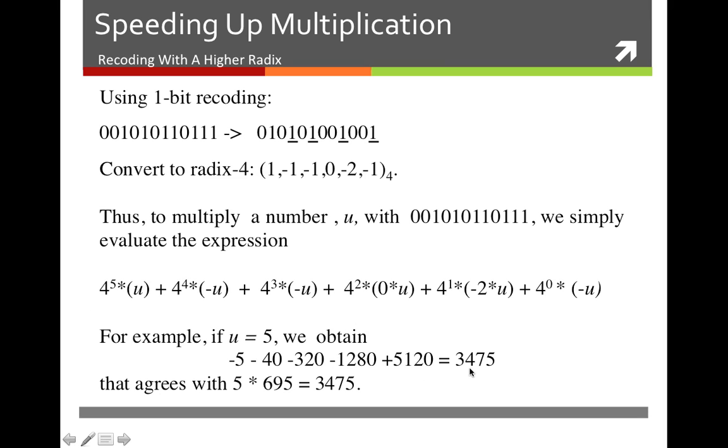So that gives you 3,475, and with this one, of course, if you just multiply 5 by 695, you will get 3,475 as well.